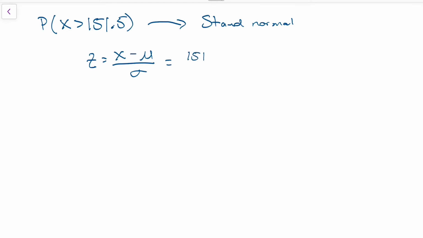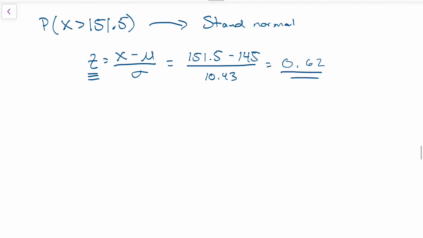Our data point here is 151.5, our mean is 145, and the standard deviation is 10.43, what we computed in the previous step. If we compute these calculations, we'll get 0.62. And again, because we're computing the z-score, this needs to be 2 decimal places.